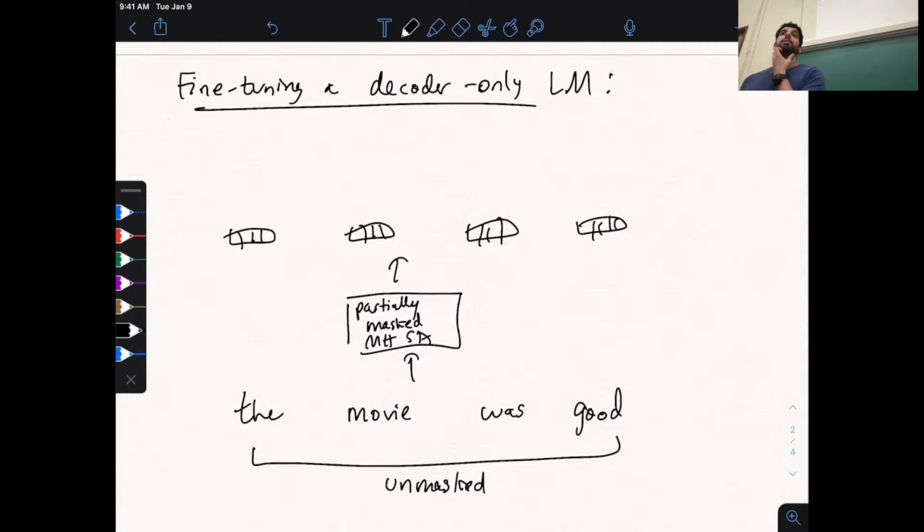Now, my goal is to predict the sentiment of this text, right? So I could do this with just a one token prediction. In fact, I could say at this final hidden state here, I want to generate the next word. I could train this model to predict positive.